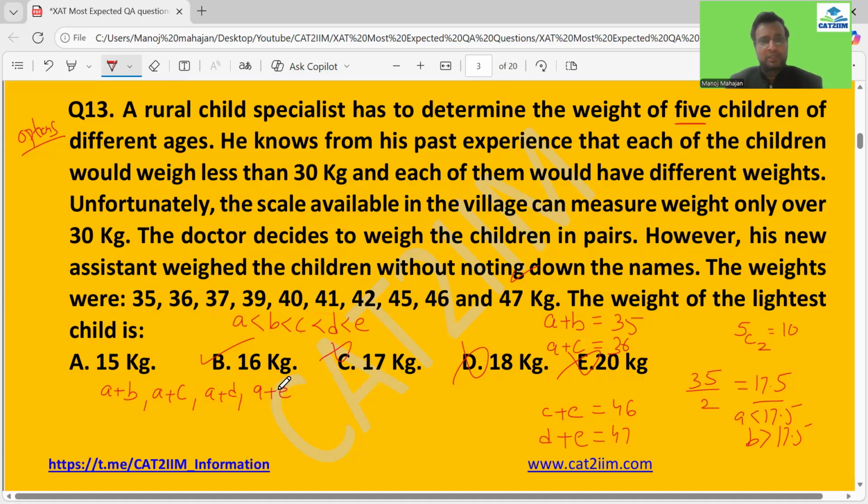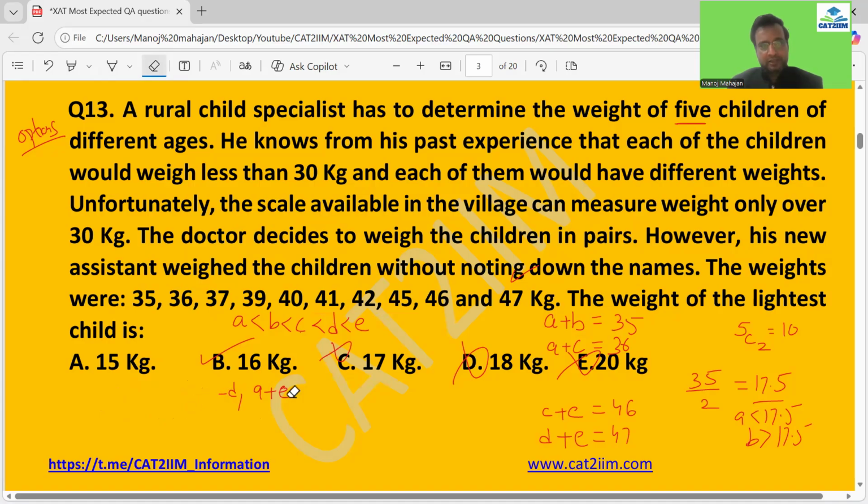What I'm trying to say is that when you make the 10 pairs, A would be counted how many times? Once, twice, thrice, and four times. So it's not only A counted four times.